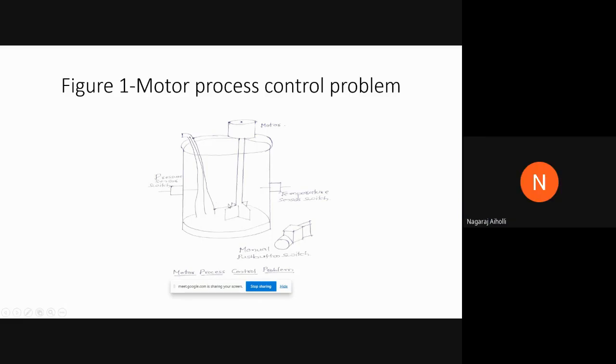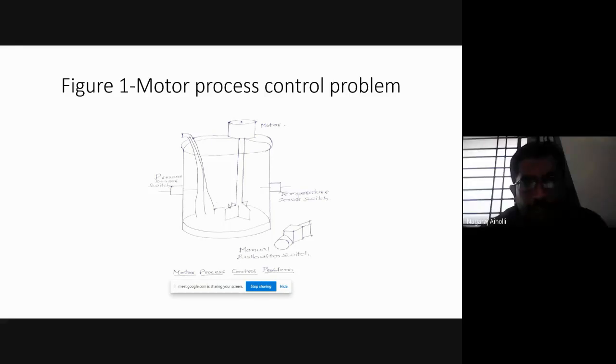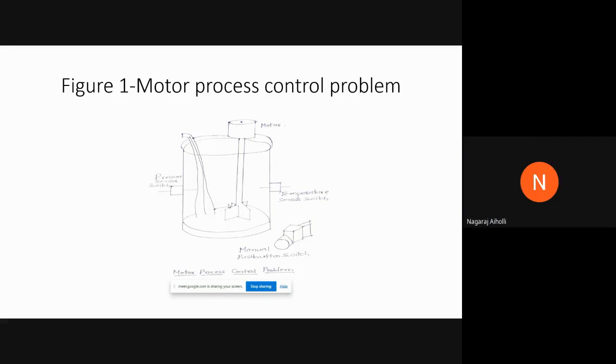Now we have to analyze this process control problem, and then draw the relay ladder diagram. We know that it is the conventional, or original, method of understanding the process control problem. Later on we'll be drawing the PLC ladder rung diagram, which is an advanced program to make use of the PLC and to control the various output parameters.